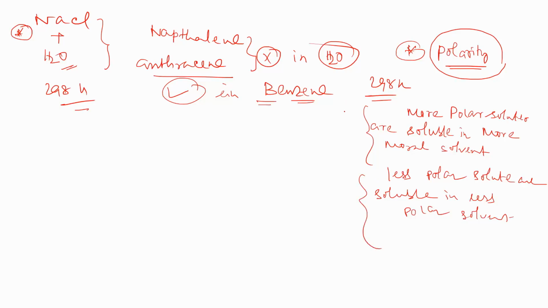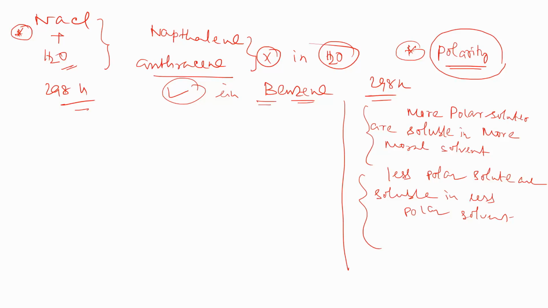So this is the rule for polarity. Whatever molecules there are, we have to see which solute is more polar. That means it will be more soluble in a more polar solvent, and the less polar will be soluble in the less polar solvent.